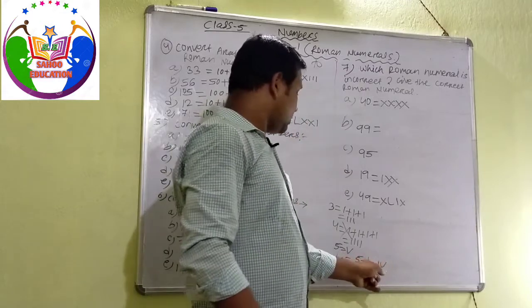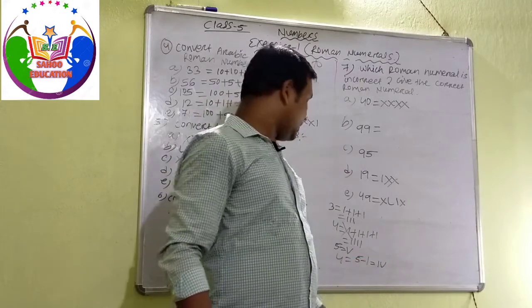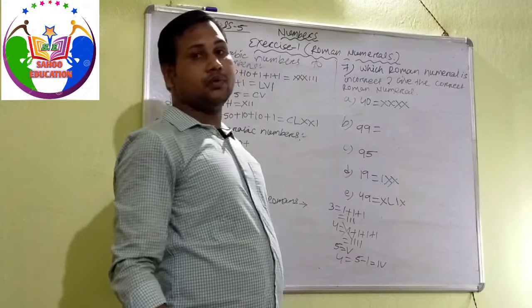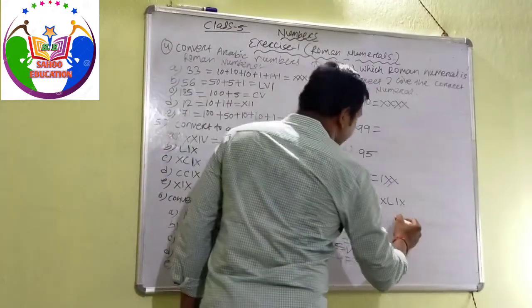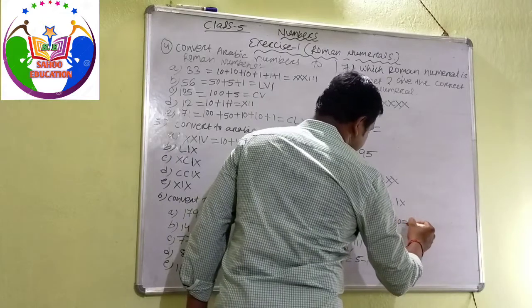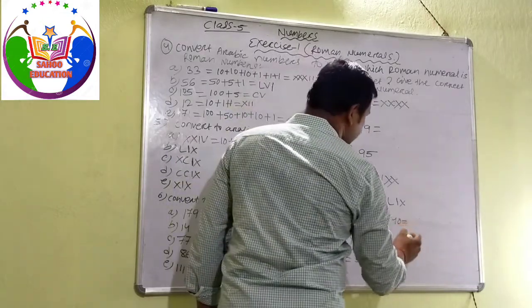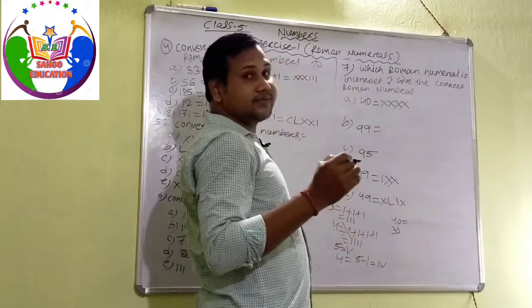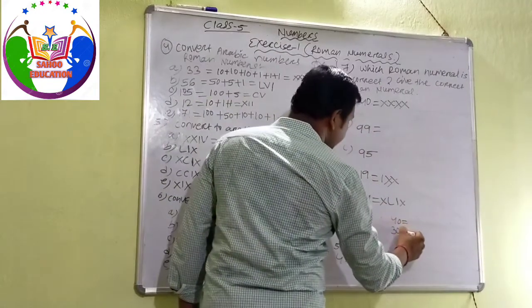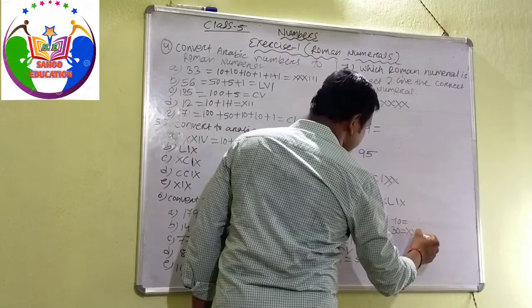I before V, that is IV, which stands for 4. Okay. Similarly, if we say 40, before discussing 40, you know 30 is 3 times 10, which is XXX.